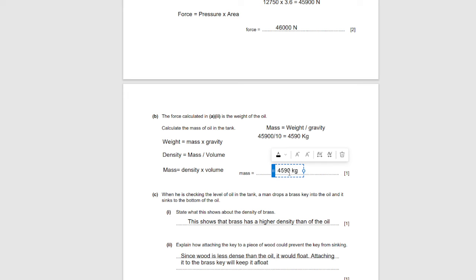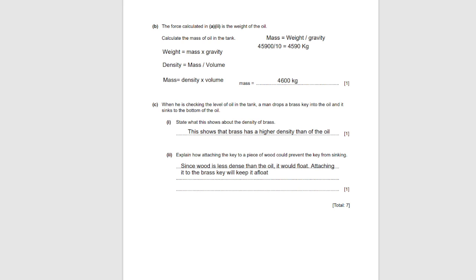We can also use the final value from the force, or we can just round it up. So to round it up, we get the same, which is 4,600 kilograms.